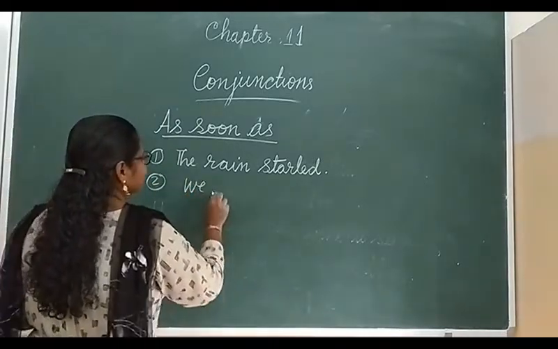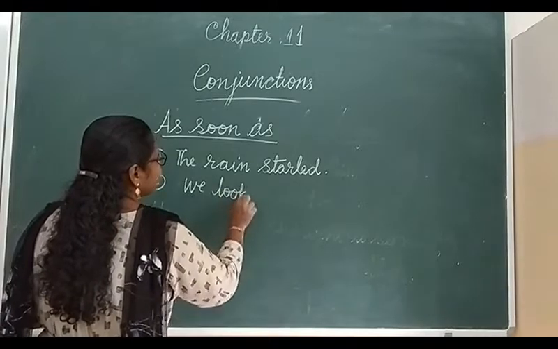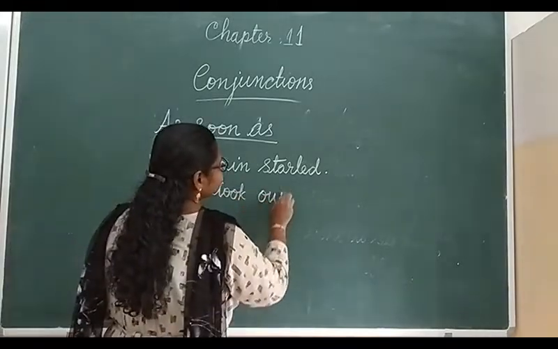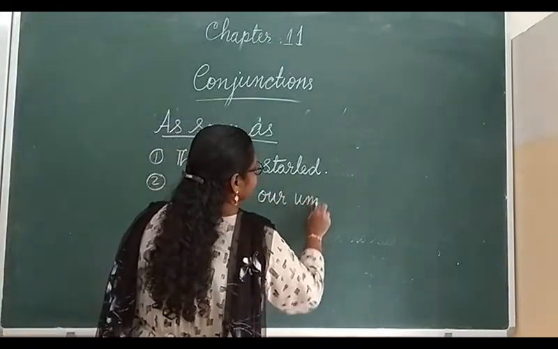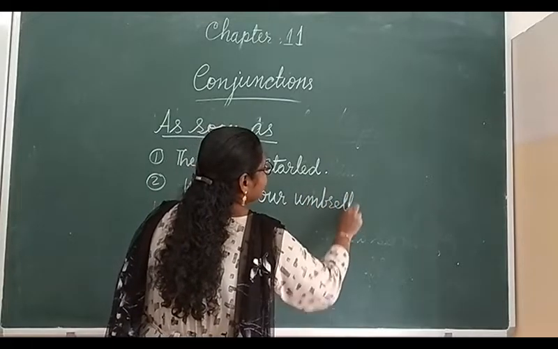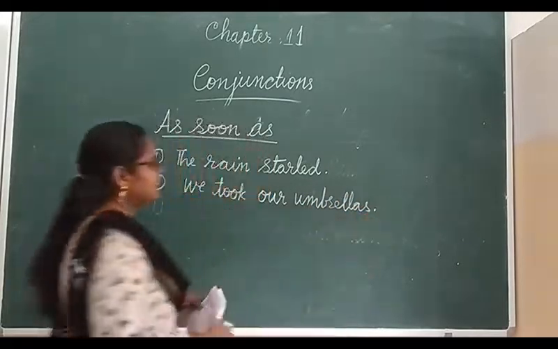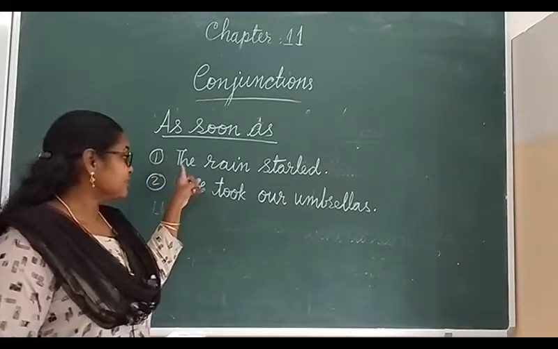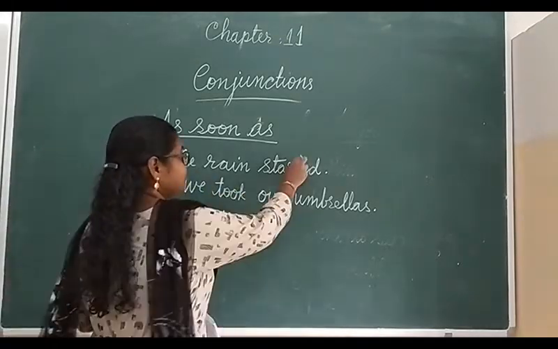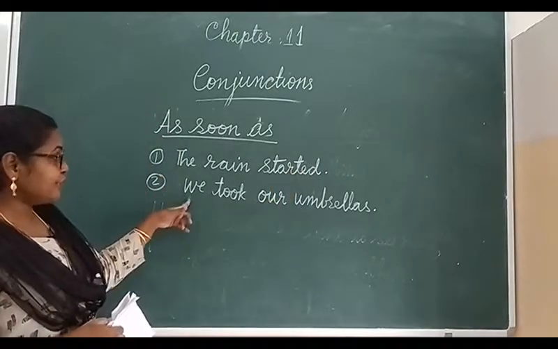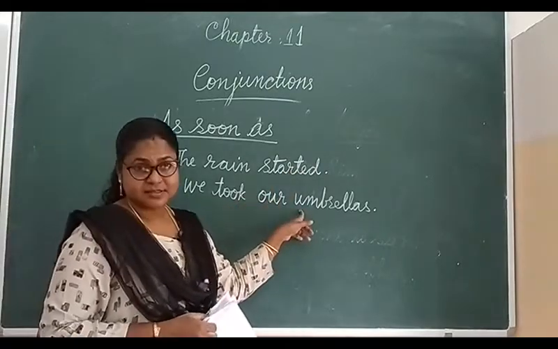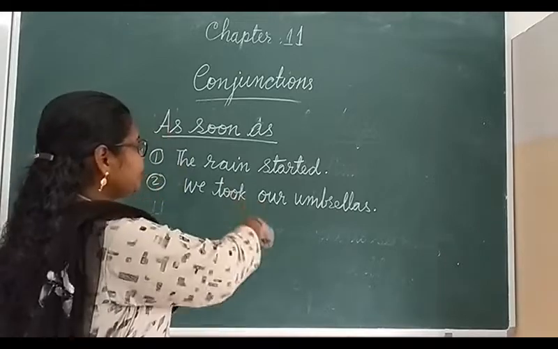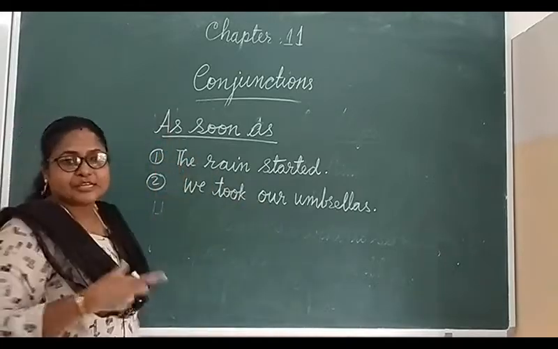We took our umbrellas. As soon as. The first sentence is the rain started, and the second sentence is we took our umbrellas. We have to join these two sentences using this "as soon as."